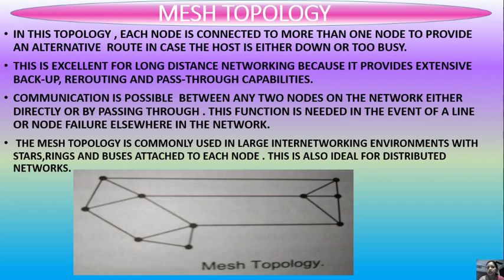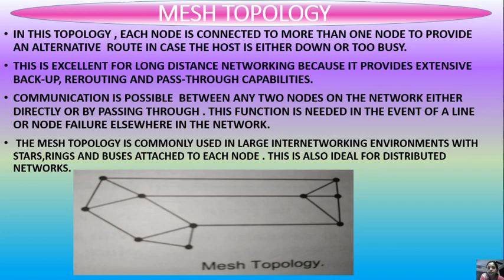Each point, each dot is connected with more than one node to provide an alternate route in case the host, or the PC or server, is either down or too busy.